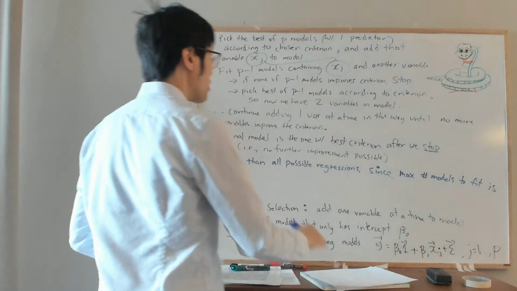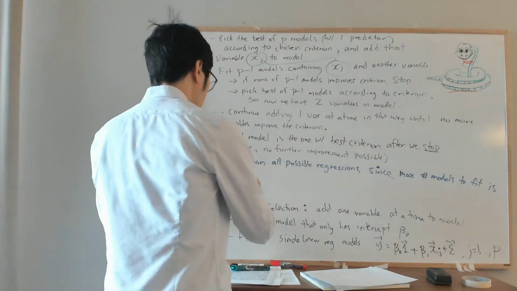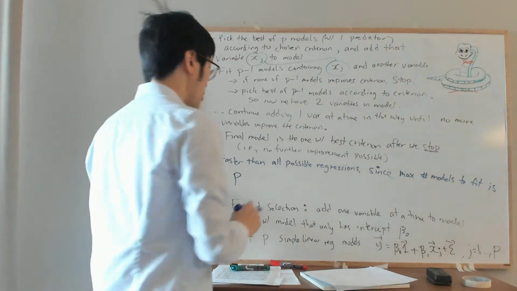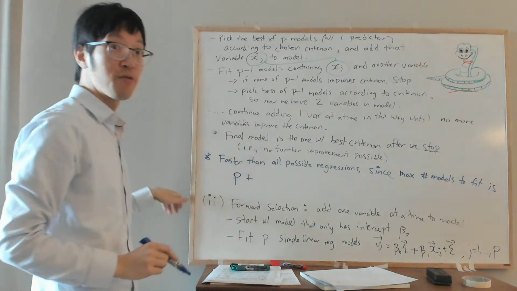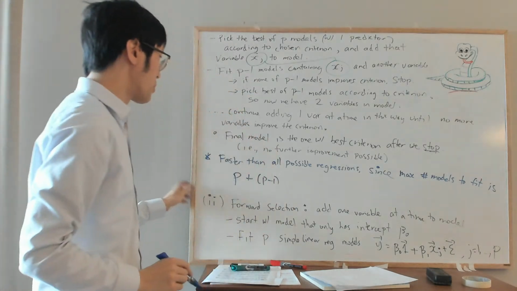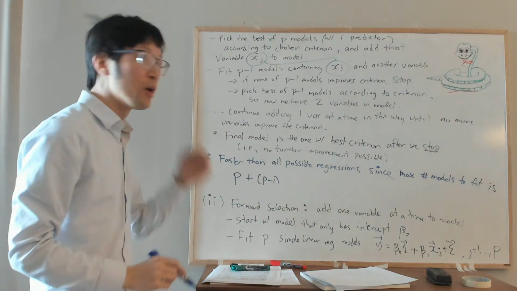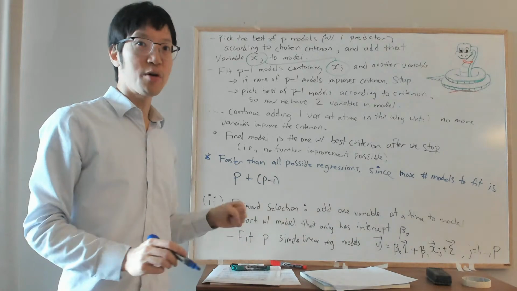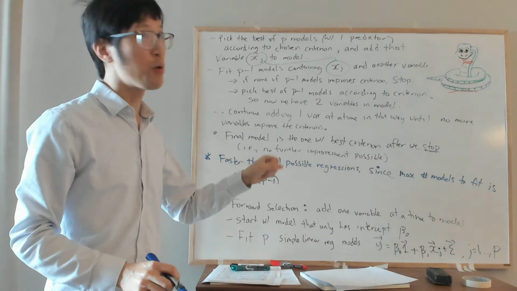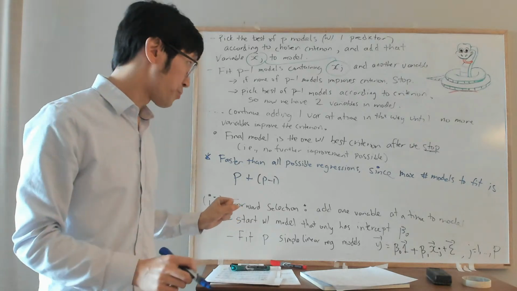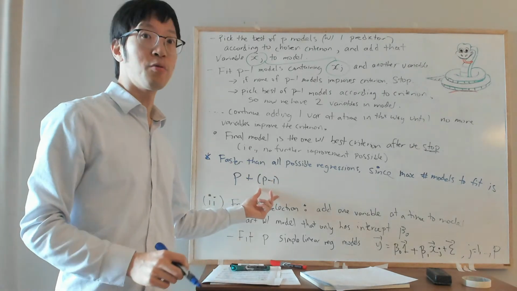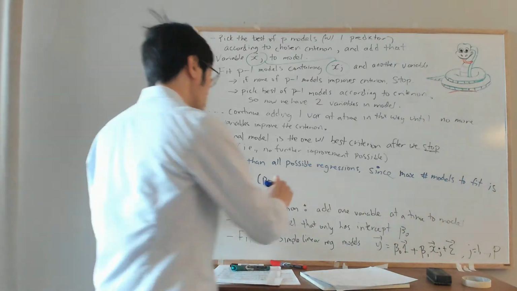To add the first variable, we would fit p regressions. Then to add our second variable, we'd be choosing among p minus 1 models. So we have to fit an additional p minus 1 models, and then once we have two variables in the model, to test whether we want to add a third one, we have to evaluate p minus 2 regressions that have the two variables in the model plus the third one. And so on.